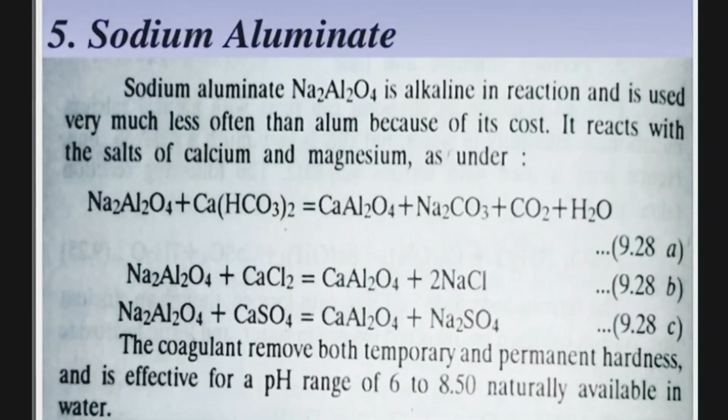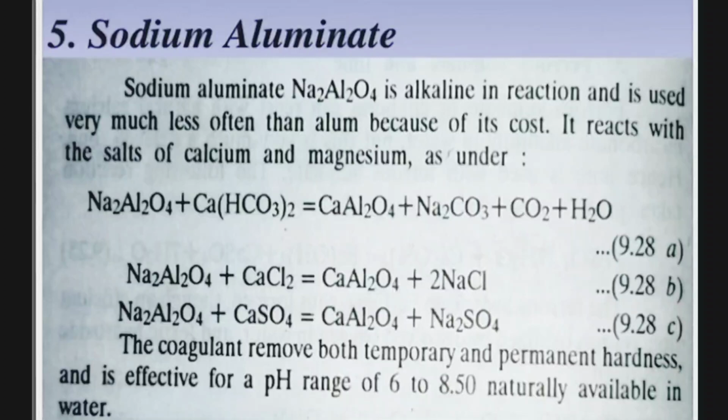Let me discuss the reactions when sodium aluminate is mixed with raw water. You can see the first reaction on my screen. Na2Al2O4 is sodium aluminate, which reacts with calcium bicarbonate, which gives a precipitate, where CaAl2O4 is calcium aluminate, Na2CO3 is sodium carbonate, CO2 is carbon dioxide, and H2O is water. Now the second reaction: sodium aluminate reacts with calcium chloride and gives us calcium aluminate and sodium chloride.